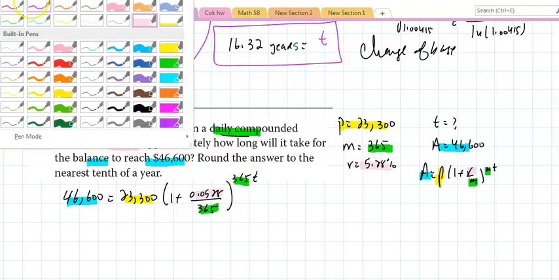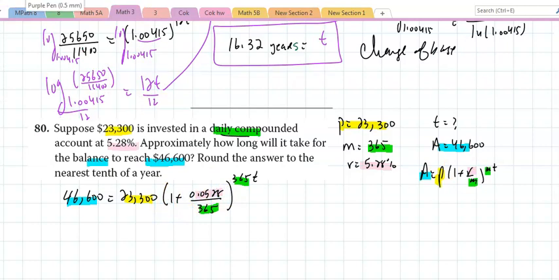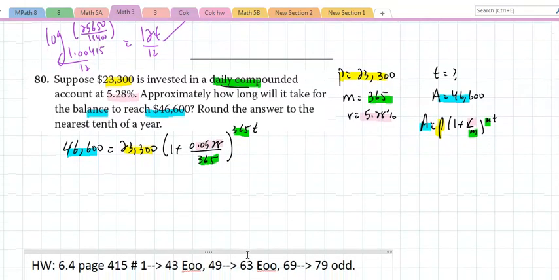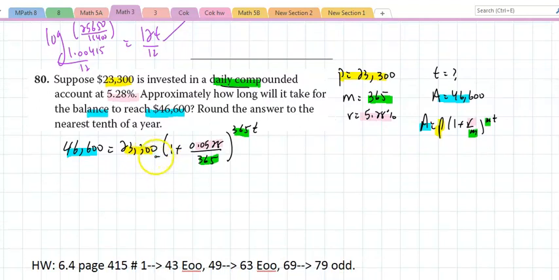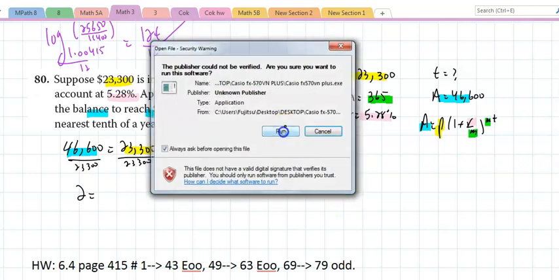Now I'm going to do the same. It doesn't matter what kind of word problem it is. You're going to come up with an equation, obviously, in math. This is an exponential equation. You isolate the exponential by itself. You divide both sides by 23,300. Well, this becomes a 2 equal. And you try to figure out if this is possible in a calculator. That saves me a lot of work.